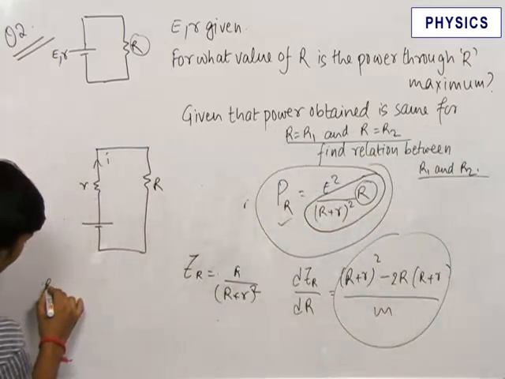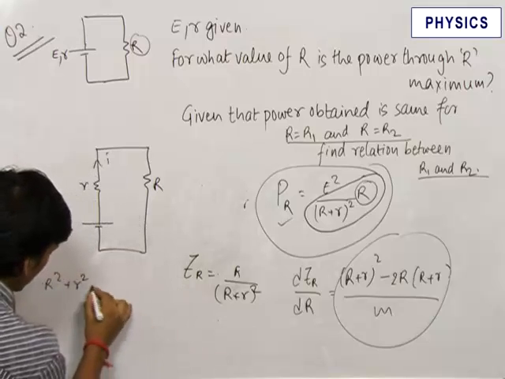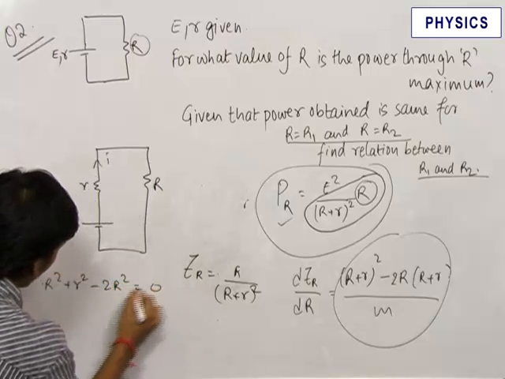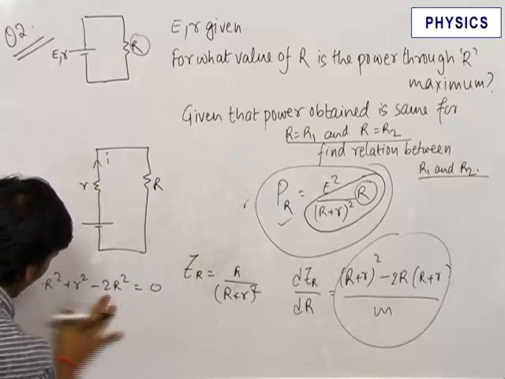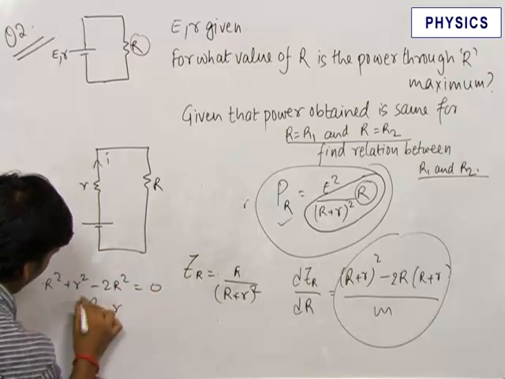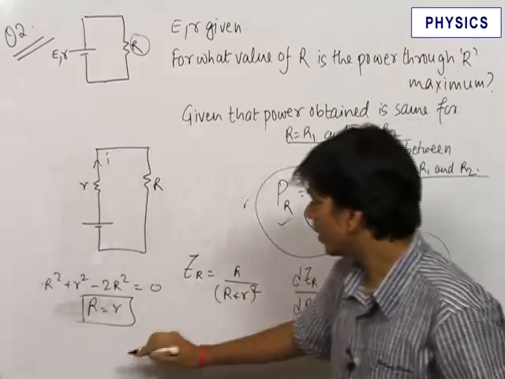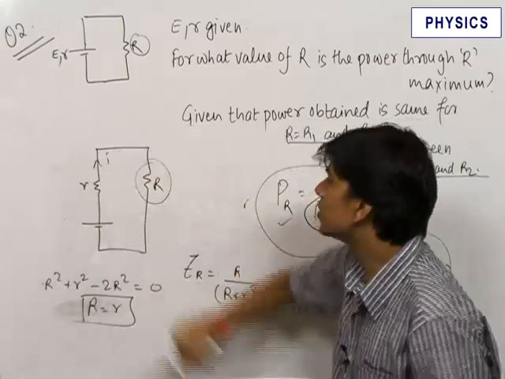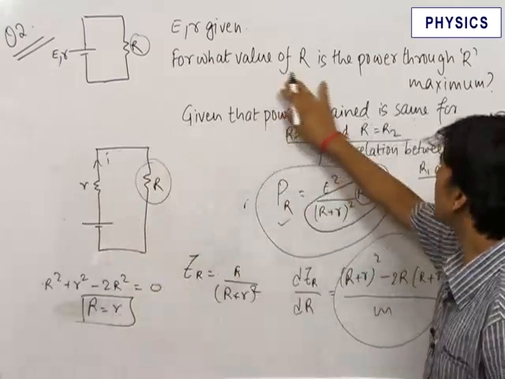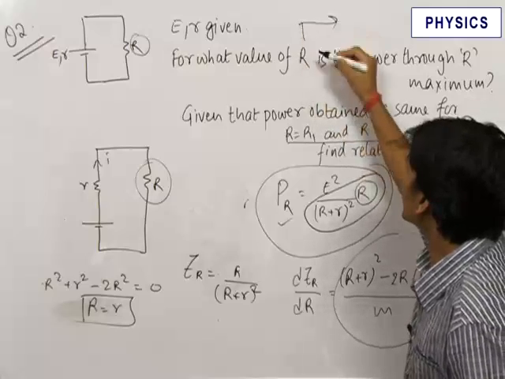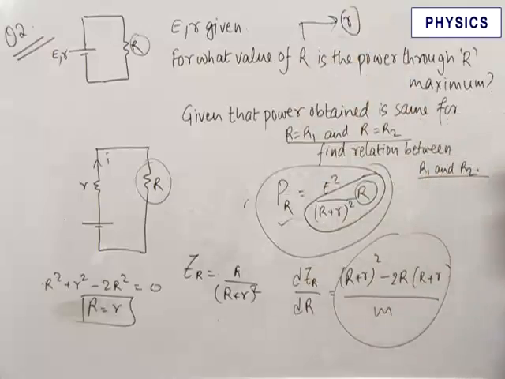Therefore we get R square plus 2Rr plus r square, 2Rr gets cancelled, minus 2R square equal to 0, that is capital R is equal to small r. Therefore we now know that the power is maximum for the resistance equal to the internal resistance of the battery. Therefore our answer for this part, for what value of R, we get the value of R equal to small r, that is the internal resistance of the battery.